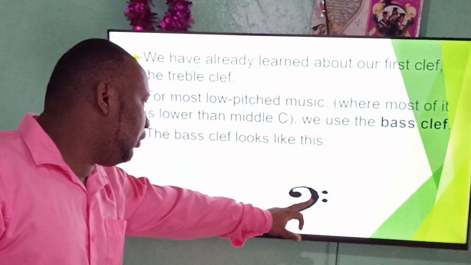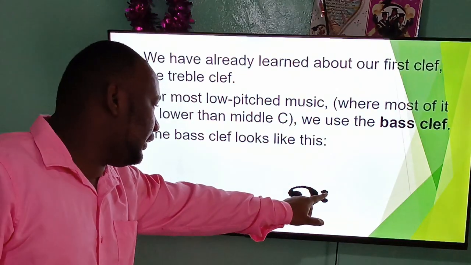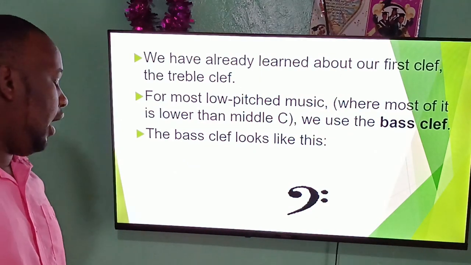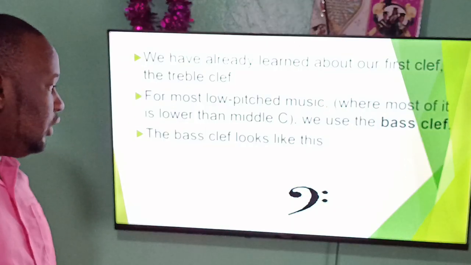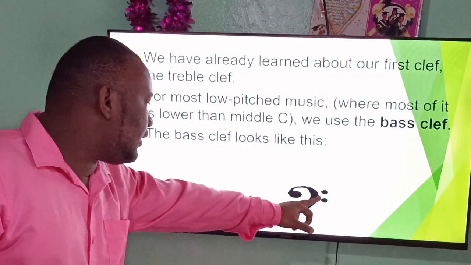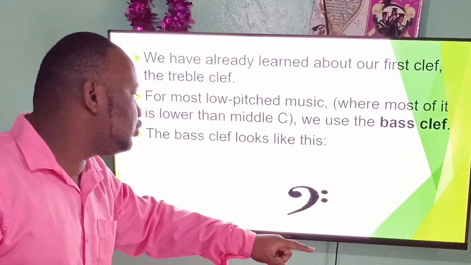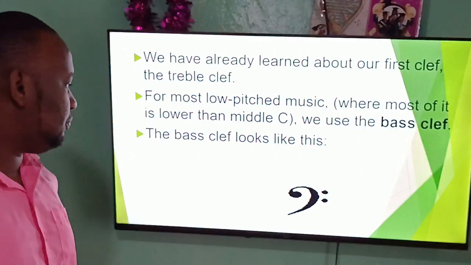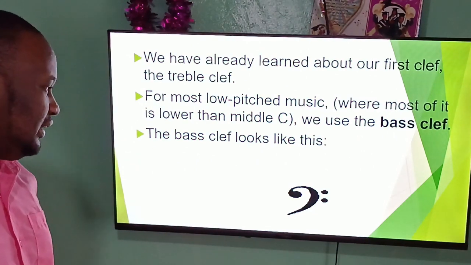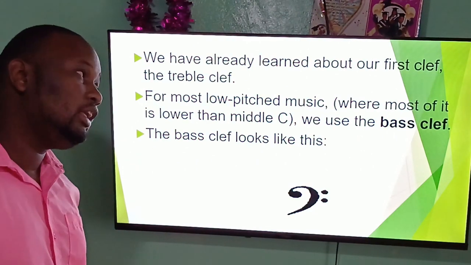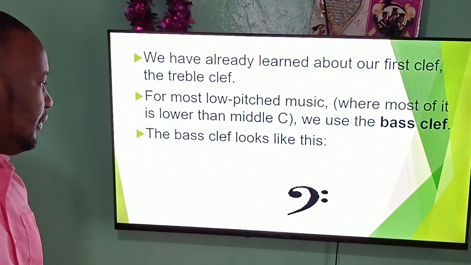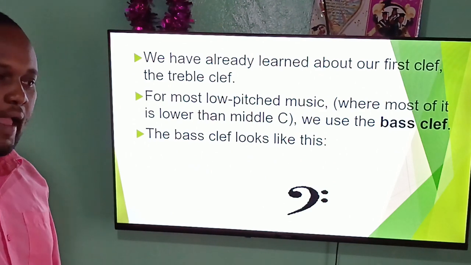We have this symbol here, then we have 2 dots in front of it. These dots are put in between the line, to mean that any note that will be denoted on that line will be read as F.